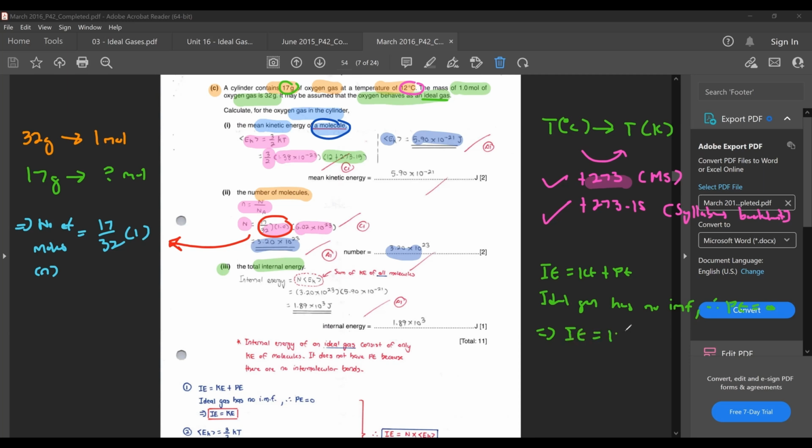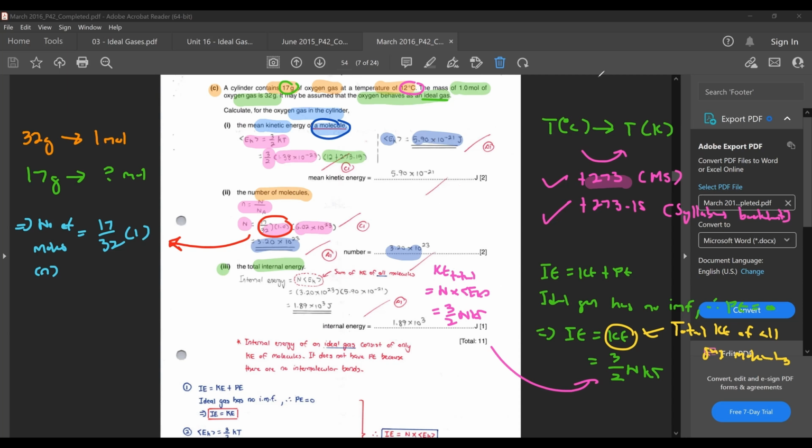So IE is just KE, which is 3/2 NkT. This KE here, as I mentioned, must be the total KE of all gas molecules. So to find your KE total, it was N times Ek, it was 3/2 NkT, isn't it? So that's how I got this.